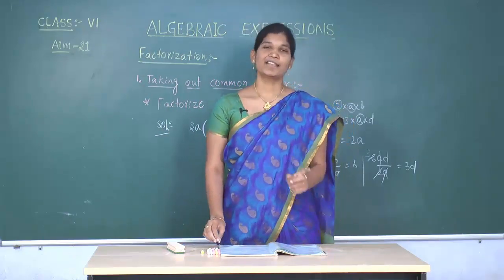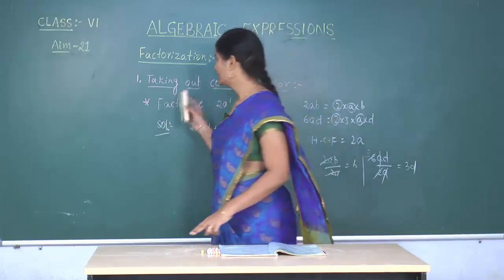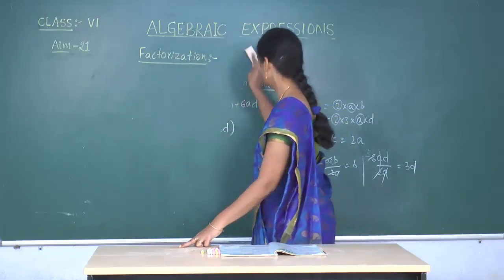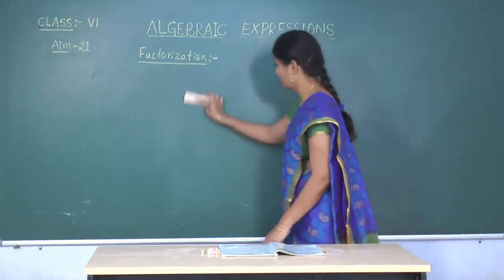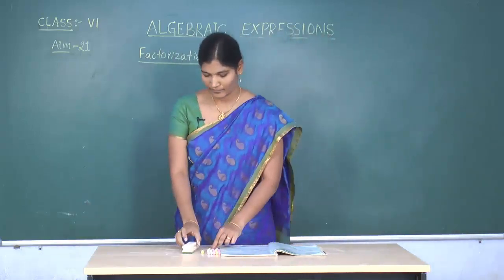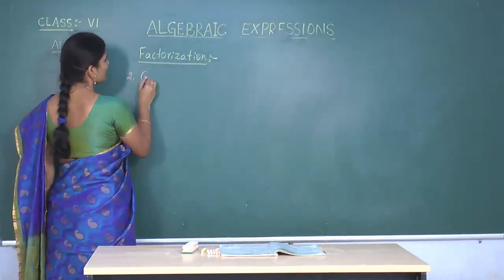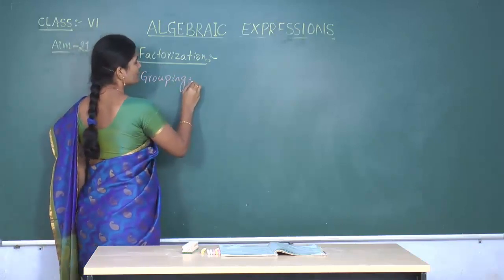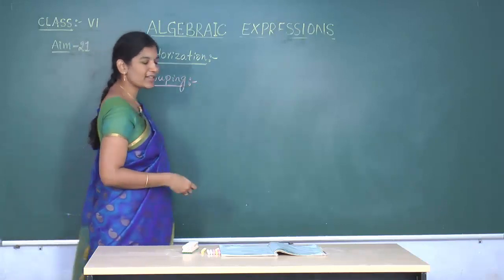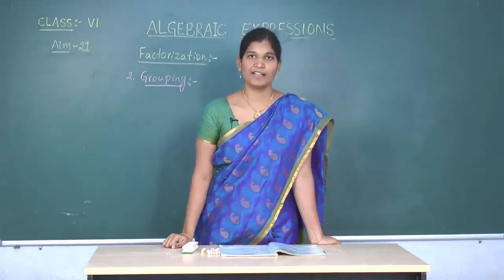Let me go with the second method. The second method is grouping. Type 2 is grouping. How do we factorize algebraic expressions by using this method?